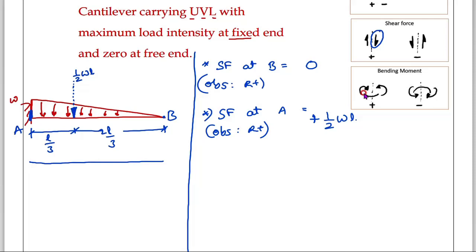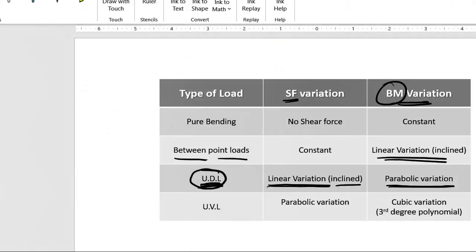Now we'll draw the shear force diagram. This is the horizontal reference line. At point B, it is 0. At point A, positive WL by 2. How to join this? For that I have to see our previous lecture. In the previous lecture it is said, which load is it?